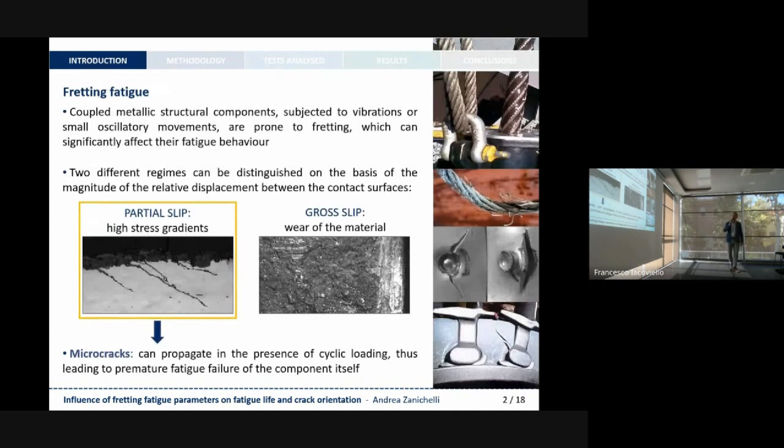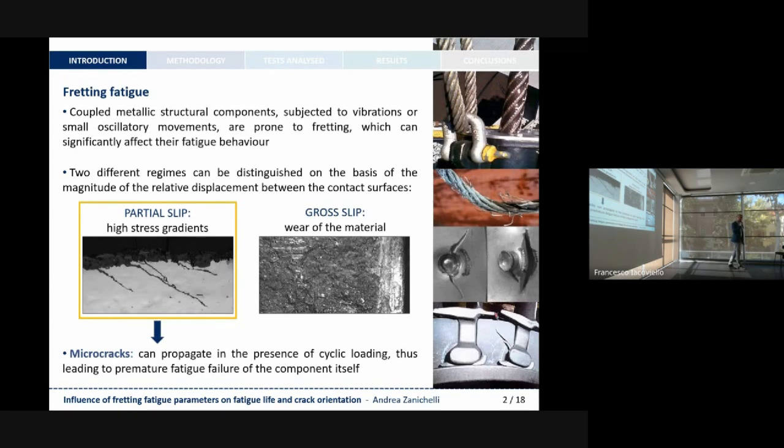So, very briefly, fretting fatigue. Metallic structural components subjected to vibrations or small oscillatory movements are prone to fretting, which can significantly affect their fatigue behavior. In particular, microcracks may nucleate in the vicinity of the contact zone in correspondence of the high stress gradients arising especially in partial slip conditions.